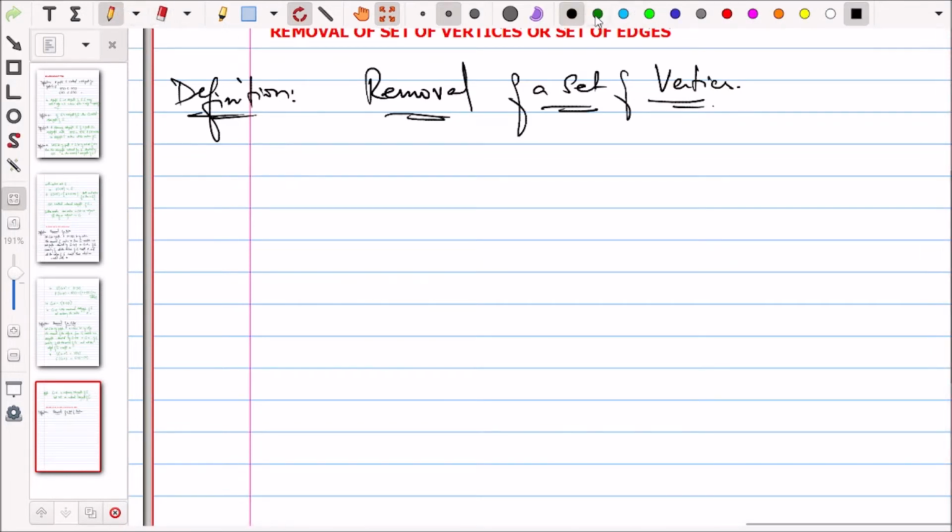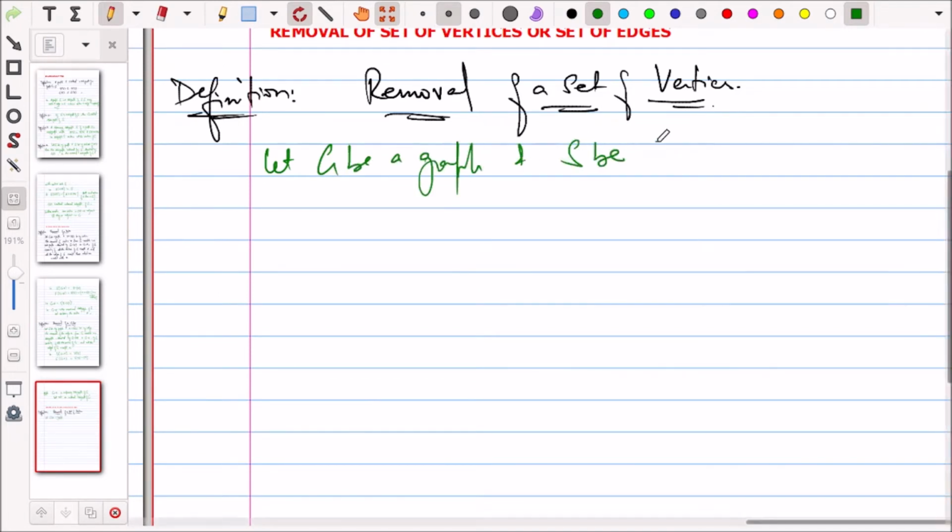Let G be a graph and S be a subset of V(G).